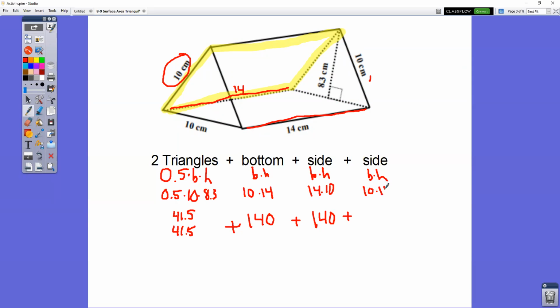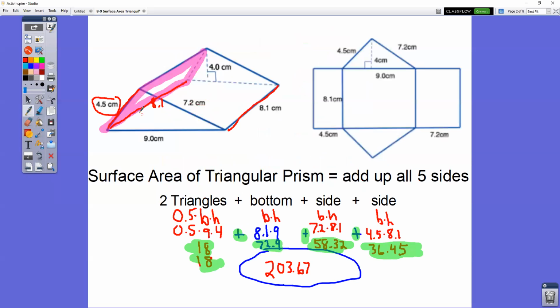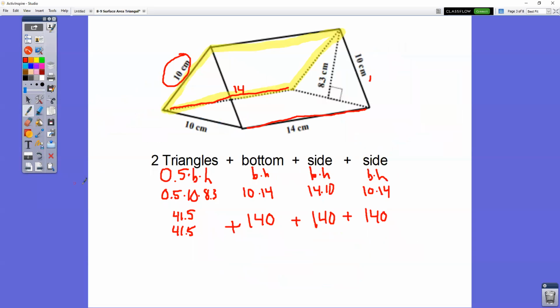Now, all three of those rectangles happen to be the same. The bottom, the side, and the side all happen to be the same. Does that happen sometimes? Yes, it does. Did it happen in our first example where we had sort of a flattened out, smushed triangular prism? No, it doesn't happen all the time.